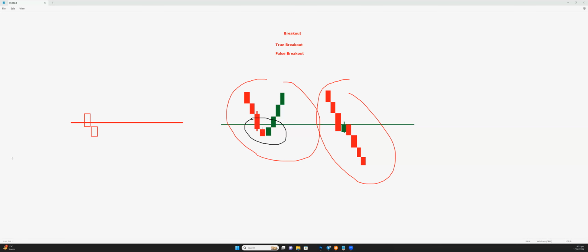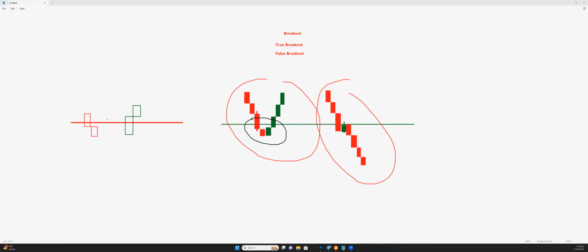Or if it is broken in an up direction, the next candlestick will be green, how do I understand I can go for a buy just for 1 minute? So we cannot say this is a true breakout or a false breakout. After breaking any key level, just for one candle, we will consider whether it will go up or immediately reverse.